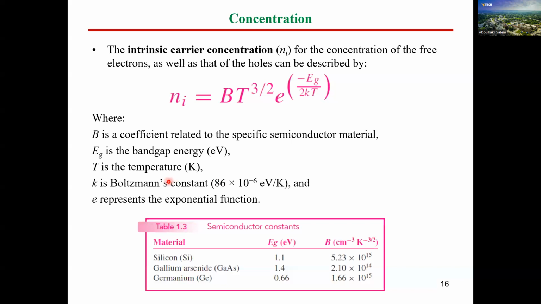You don't need to memorize these constants. They will be given in any problem. And T is again the temperature in Kelvin. So this is the relation, guys. How can we calculate the concentration of any intrinsic material? N intrinsic equals B T to power 3 over 2 exponential minus Eg divided by 2kT.